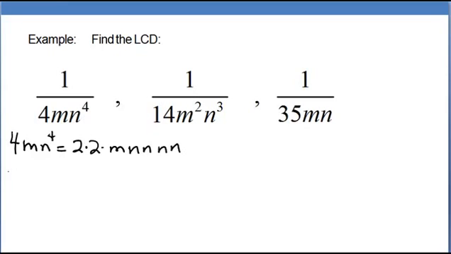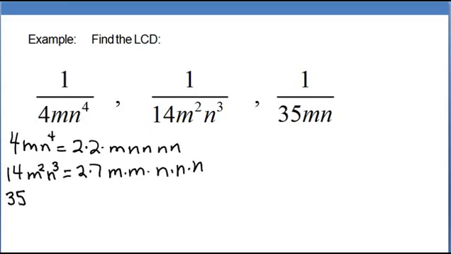Next we have 14m squared n cubed. 14 is 2 times 7, and m squared is 2 m's. n cubed is 3 n's. And 35, how about 5 times 7?